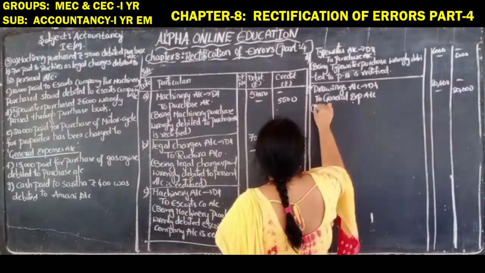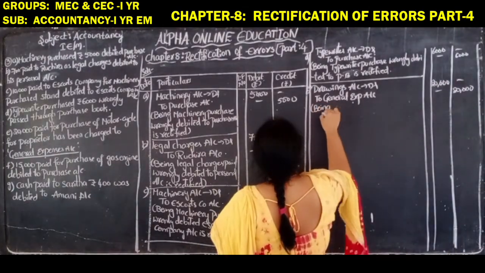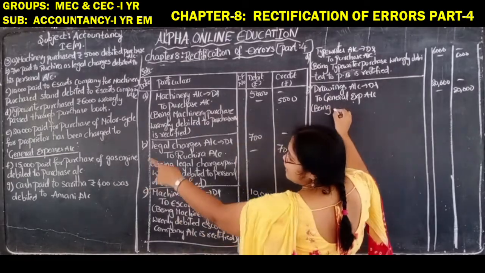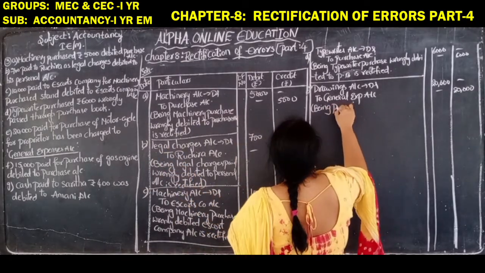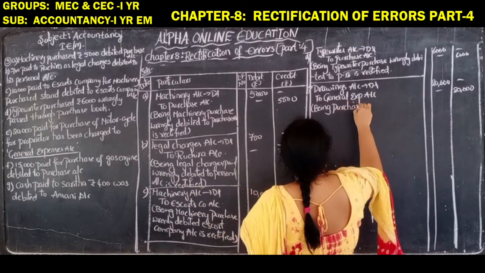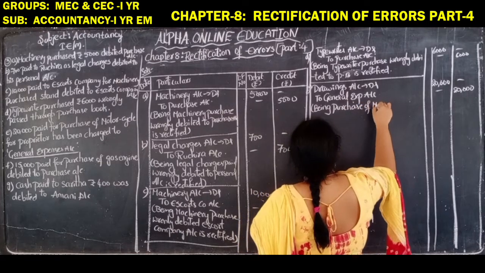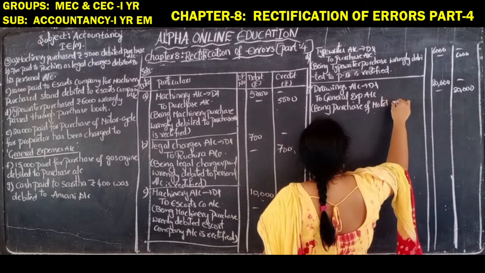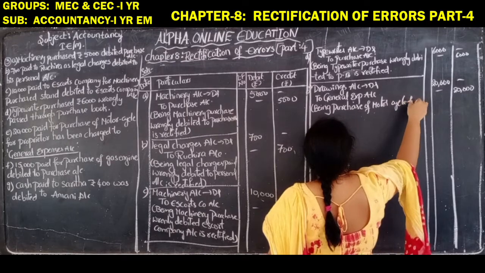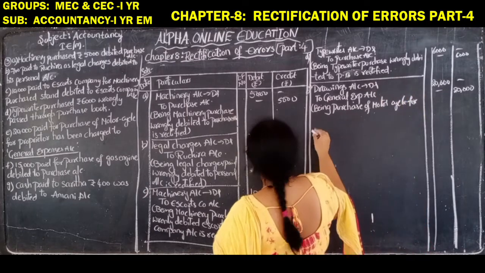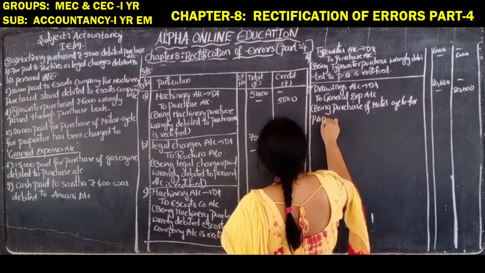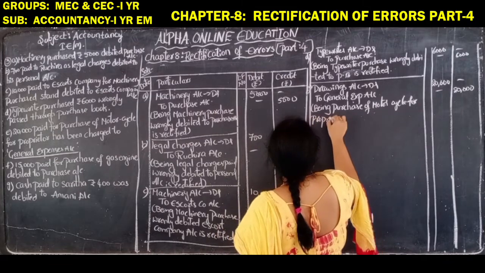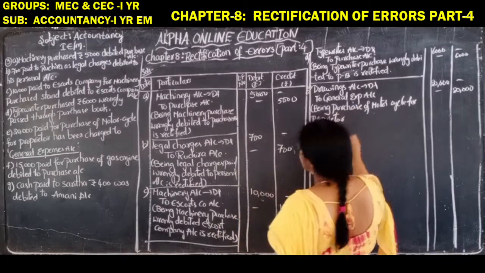Write the narration. Being purchase of motorcycle for proprietor. Who is the proprietor? The proprietor is the owner of the business, right?